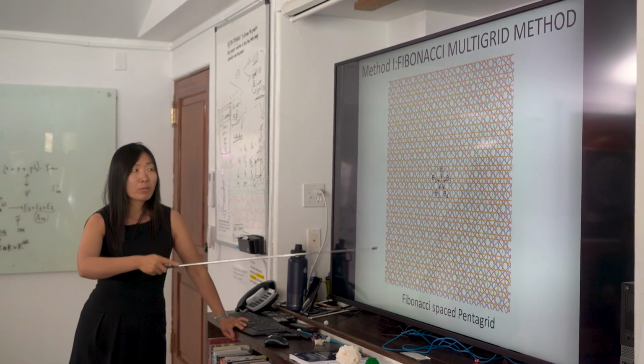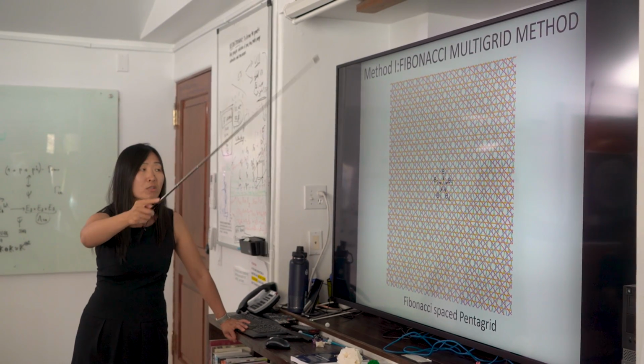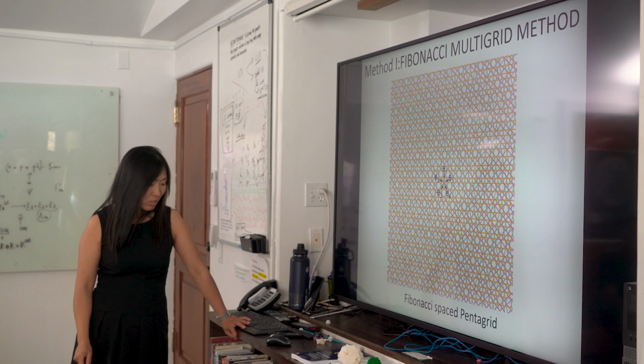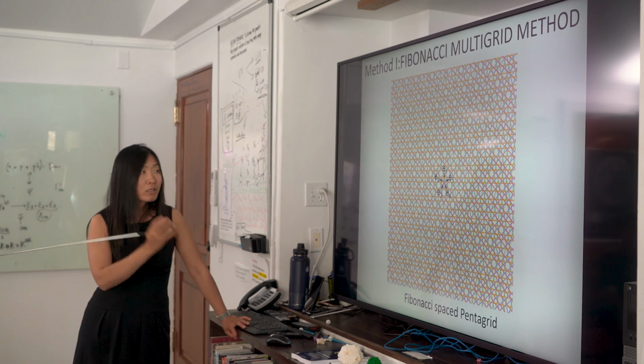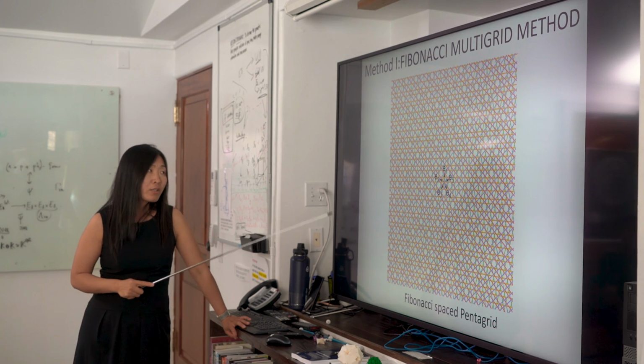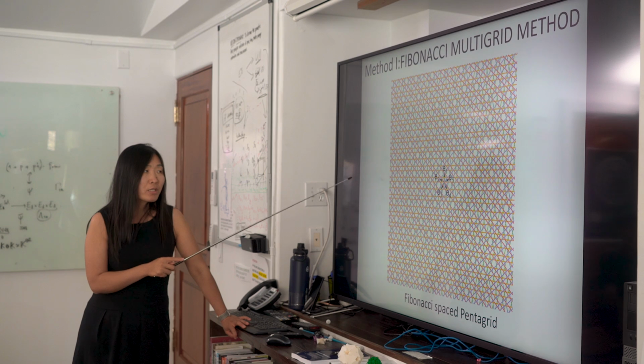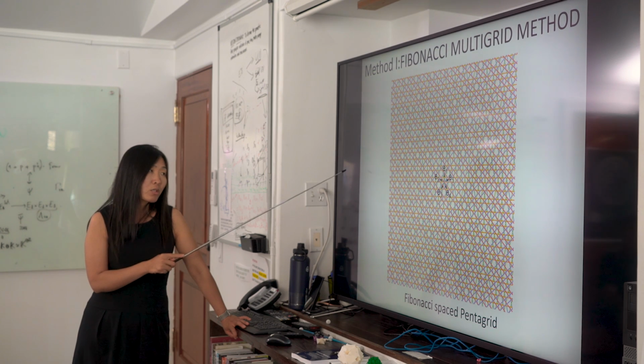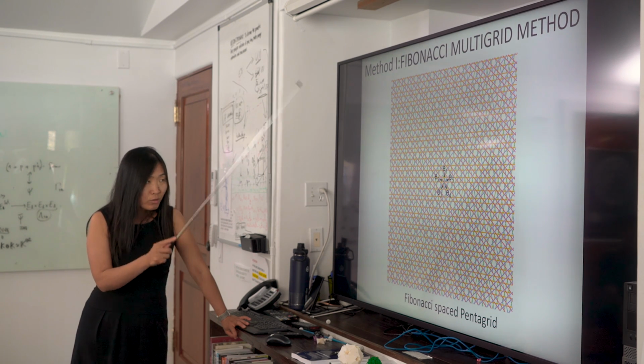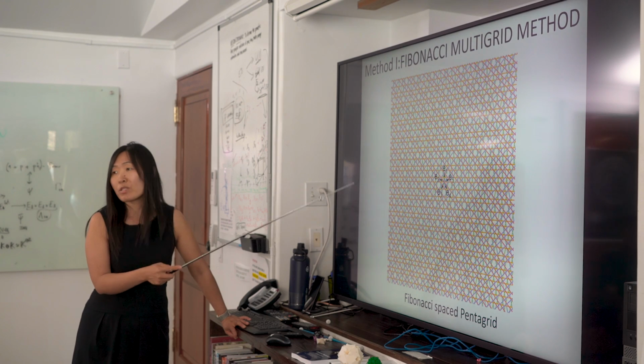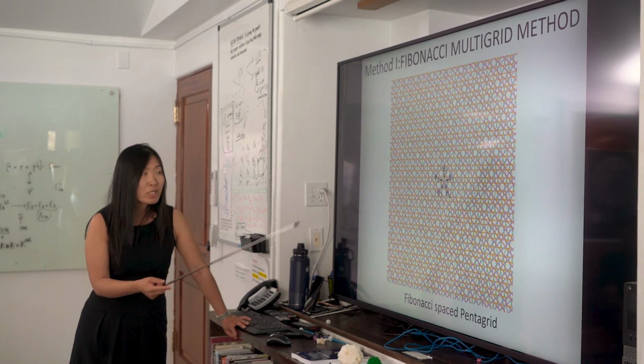So if I use the Fibonacci chain to space this grid, it becomes a quasicrystal. Just so you have an idea: from an equally spaced grid, which is not a quasicrystal, into a Fibonacci spaced grid, which is a quasicrystal, that's how we generated the QS later.